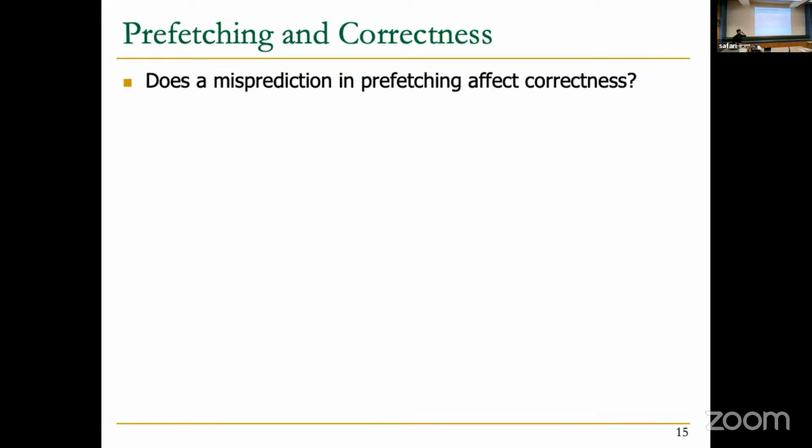Okay, but if you have taken the digital design and computer architecture lecture, you have seen there is something called branch prediction also. It's also some sort of speculative technique, right?